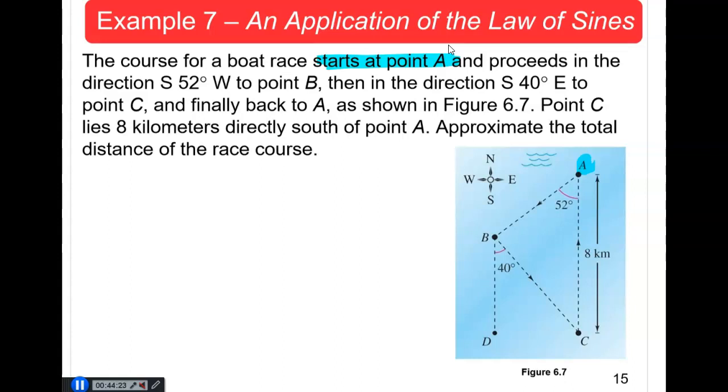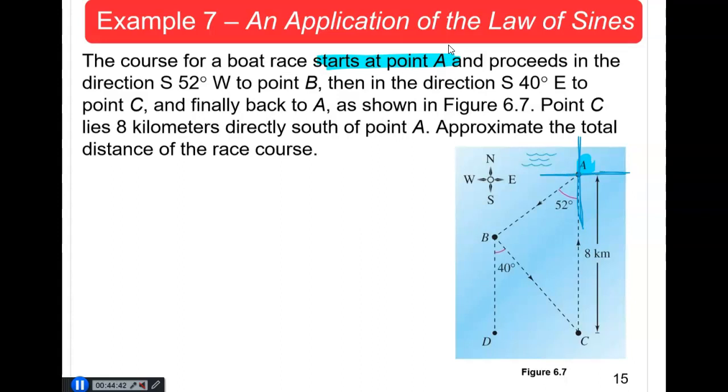Then the boat proceeds in the direction south 52 west. So just to show you what I'm going to do, I'm going to trace the north-south line and then the east-west. And so we're going to go south.